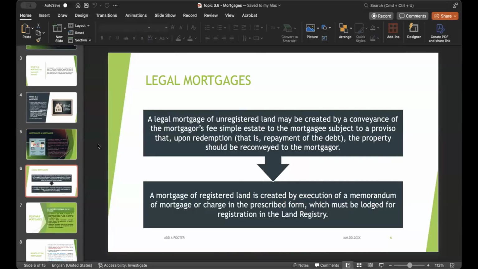Here we go. Trent, you want to take the lead or you want me to? Well, I think you're going good, but as you were explaining in terms of legal mortgages, just to reiterate, a legal mortgage is a conveyance of a legal interest in the property.